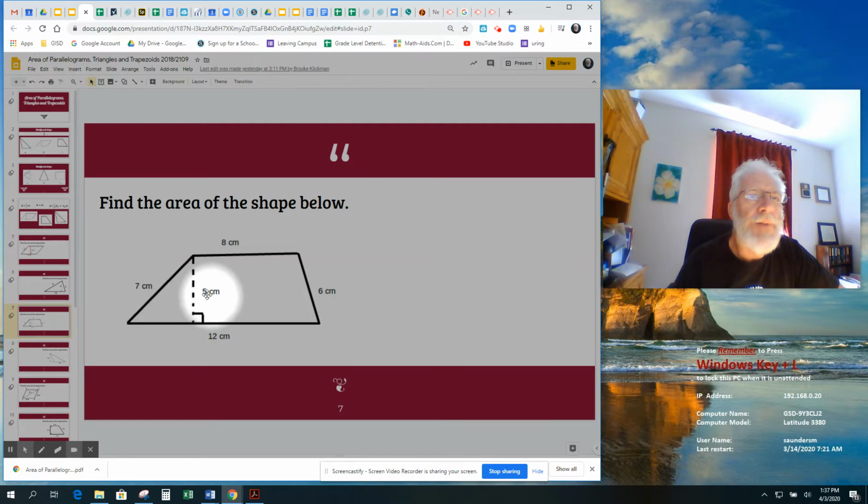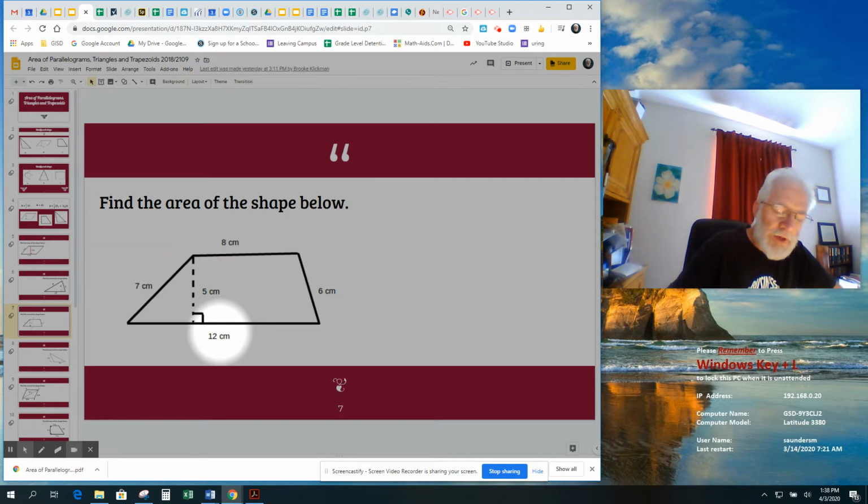Remember, height of our figures has to be measured perpendicular to one of the bases. So this measurement right here is going to be our height. So 5 centimeters is our height. But because it's perpendicular to this side right here, we're going to say that 12 is base 1.